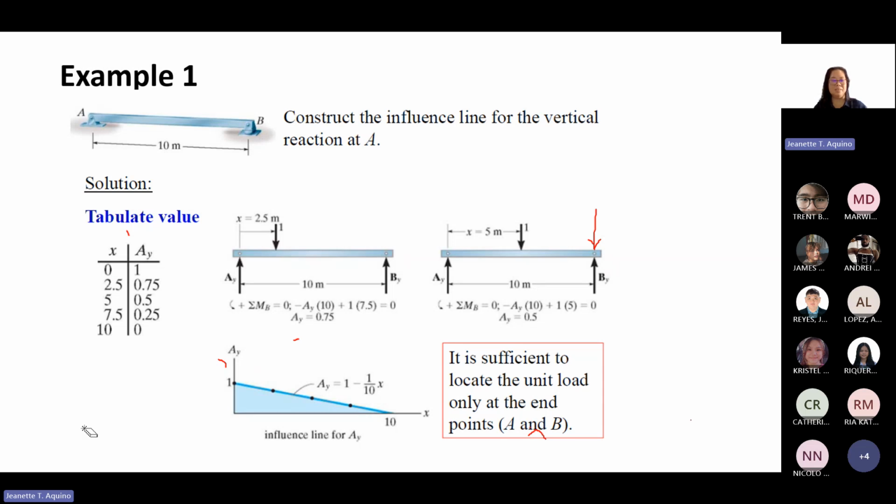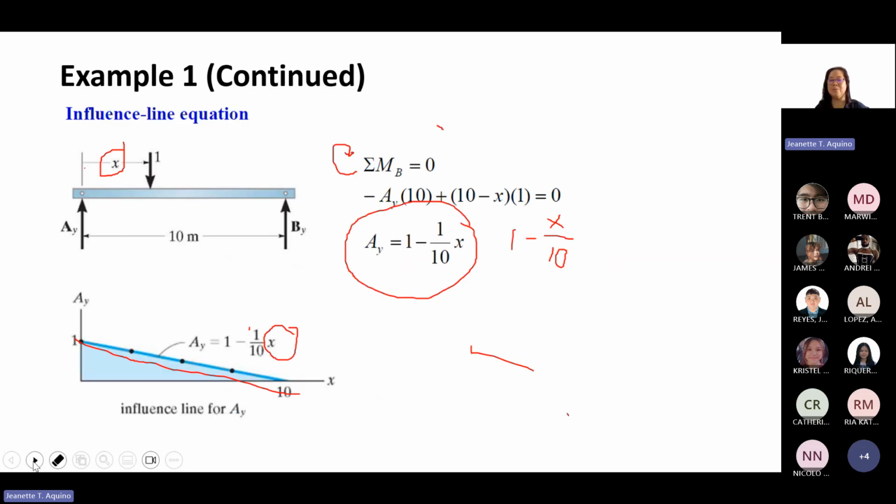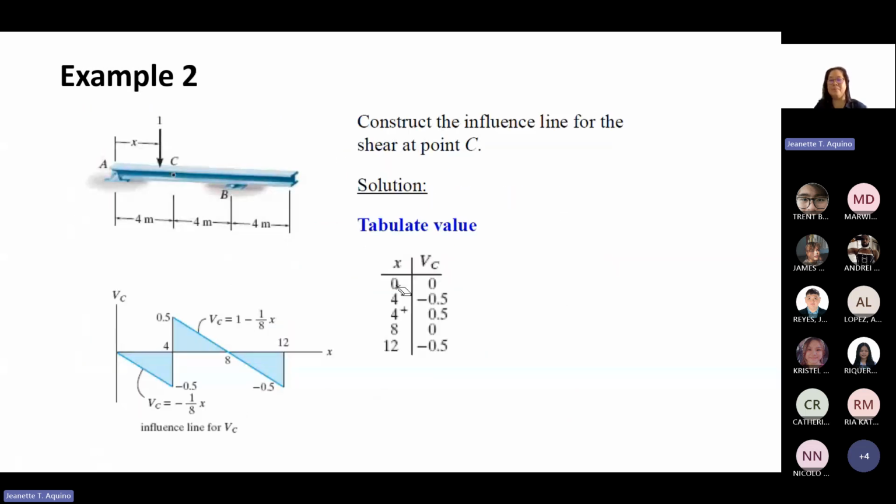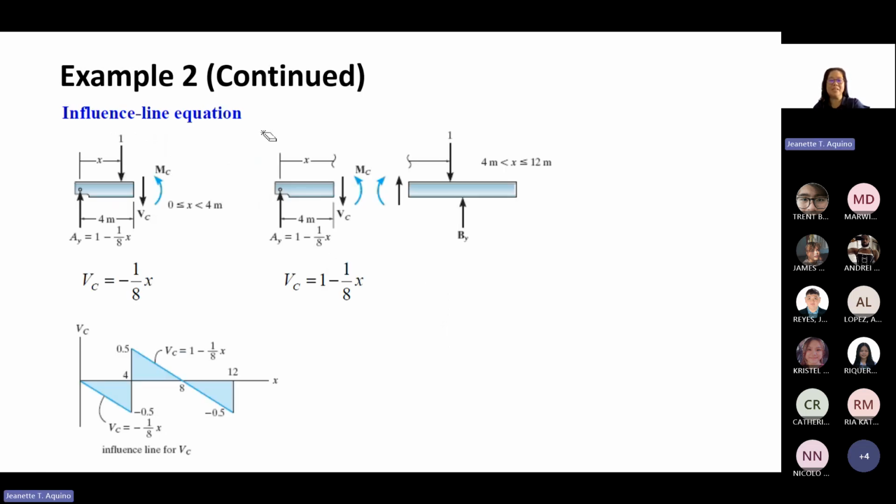So we proceed with example 2. We are asked to construct the influence line for the shear. Now it's a shear. Influence line for shear at point C. I didn't tabulate. Let's first solve the influence line equation.